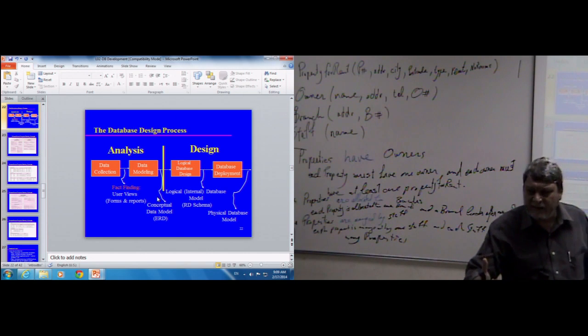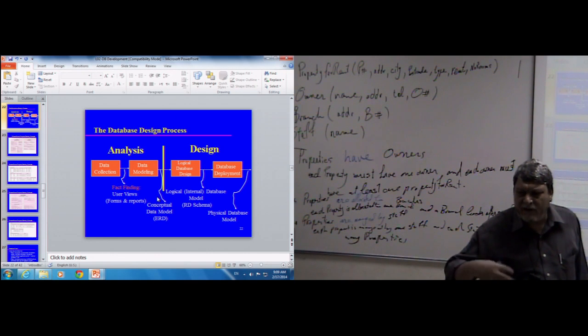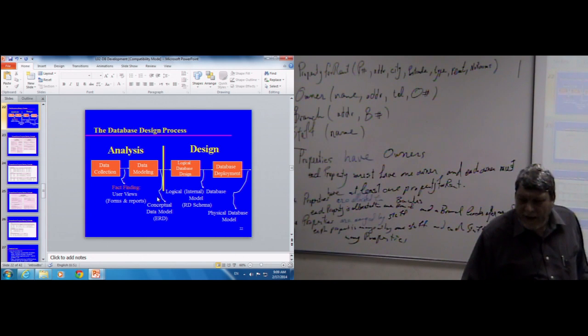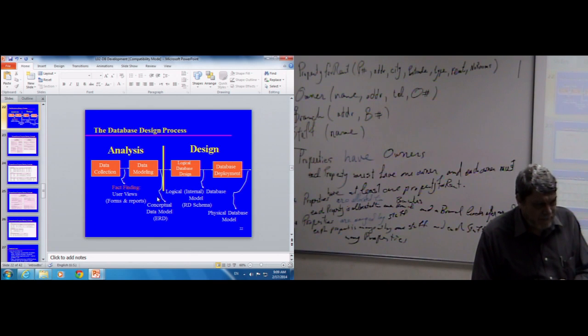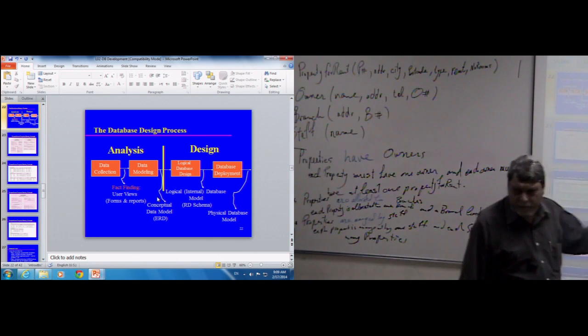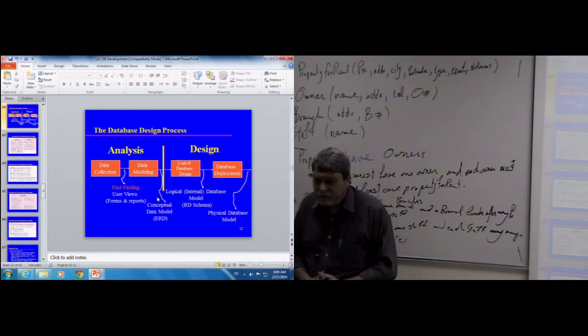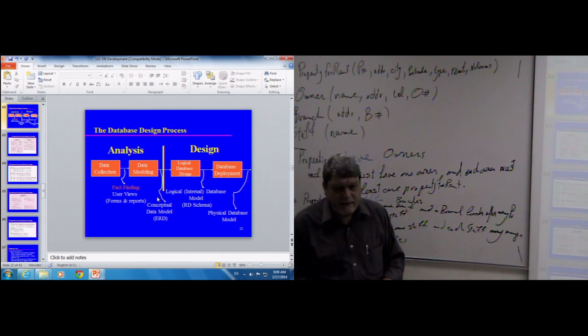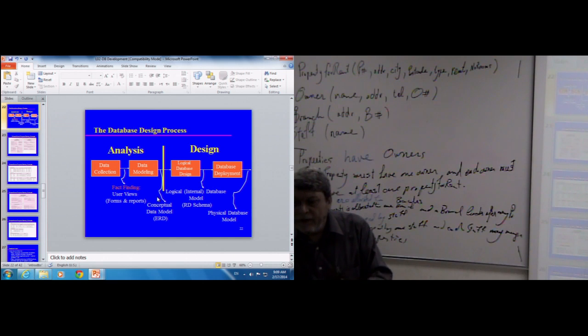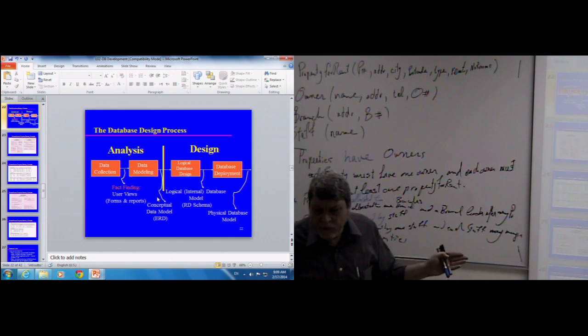We need to formulate this. We need to describe this in terms of something more rigid. Thus, this description will be communicated with two types of persons. Who? The one at the left side, which is the user. So we need to communicate our understanding of the data requirements with the user. Why?